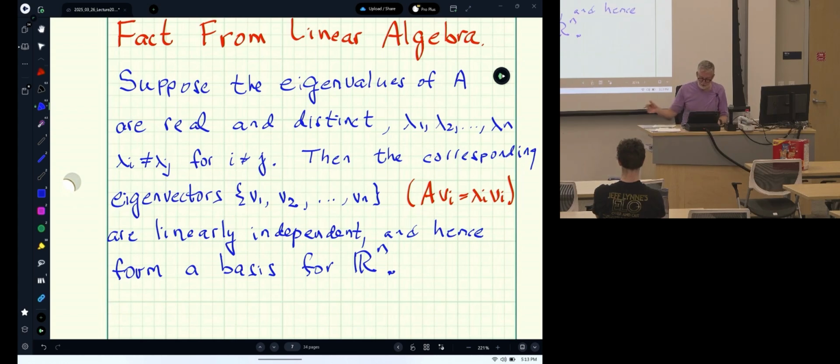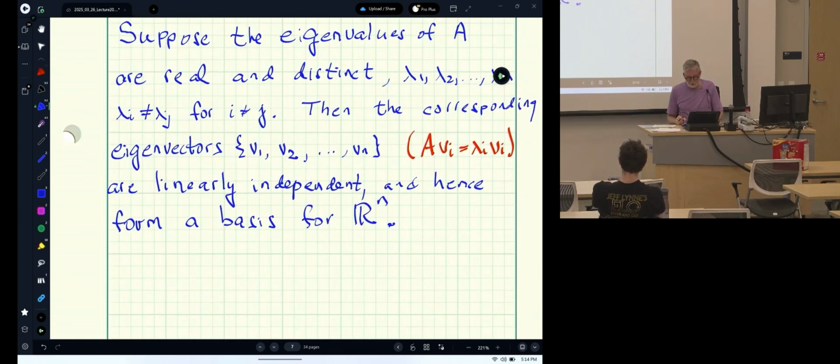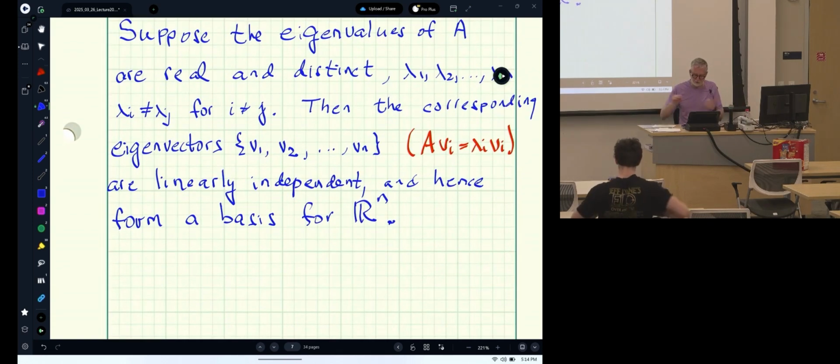So things are dependent when, say, 2v1 plus 3v2 plus 7v3 minus 18v4 equals 0. So I can find non-zero coefficients, they add up, and I get 0. That's dependent, okay? Something is a basis if every vector in R^n can be written as a linear combination of those elements.